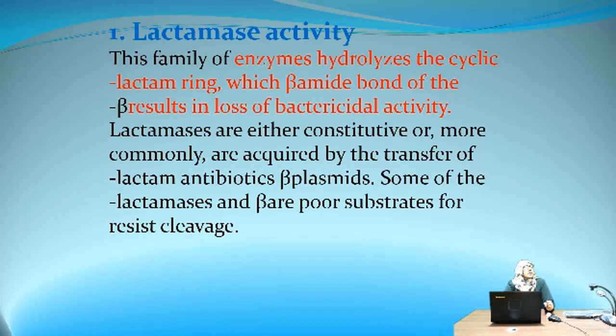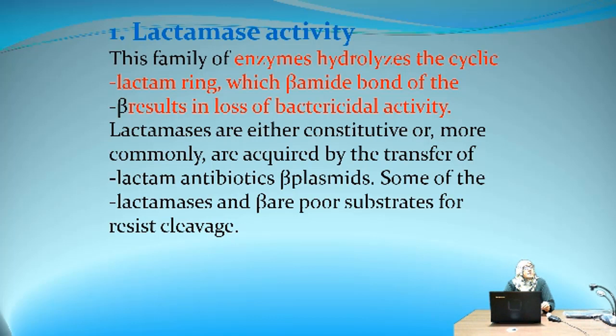Acquired resistance involves lactamase activity. This family of enzymes hydrolyzes the cyclic beta-lactam ring, the amide bond of the drug, resulting in loss of bactericidal activity. Lactamases are either constitutive or, more commonly, are acquired by the transfer of plasmids.